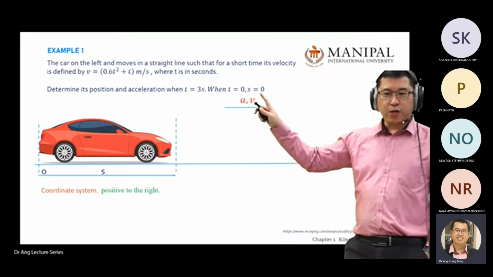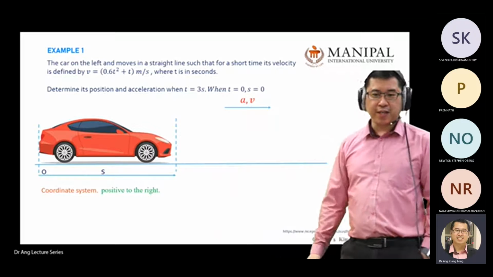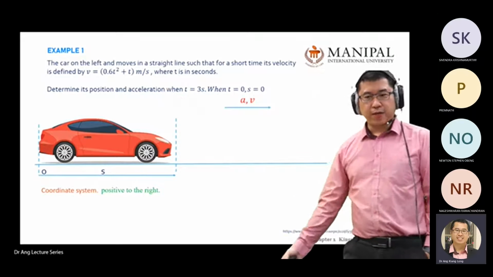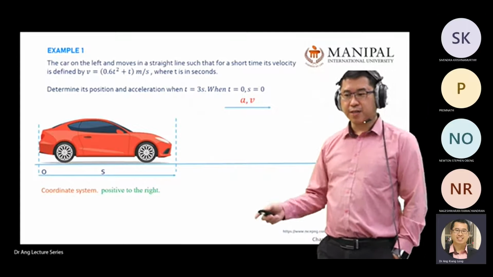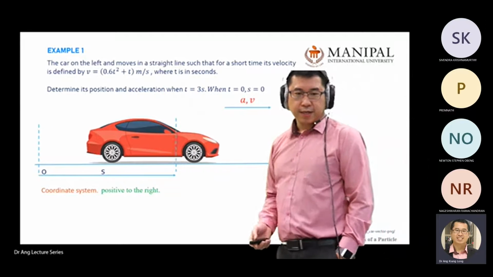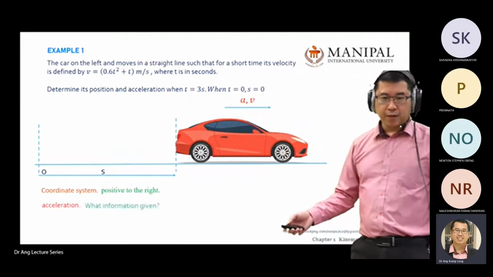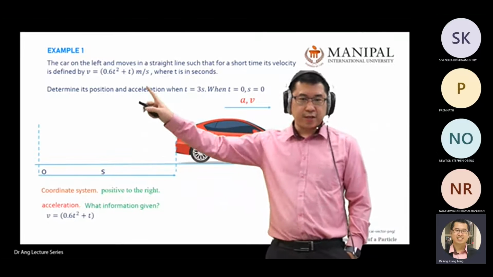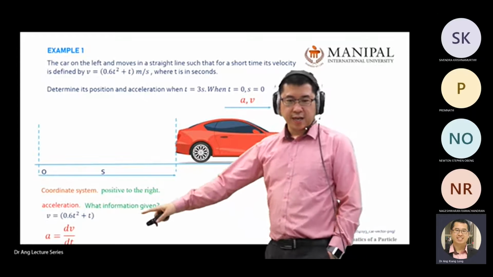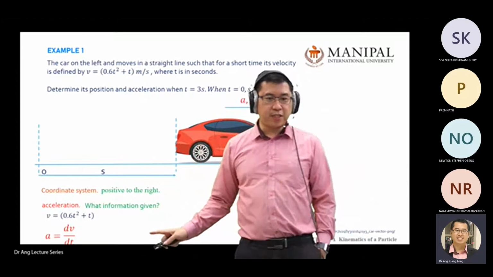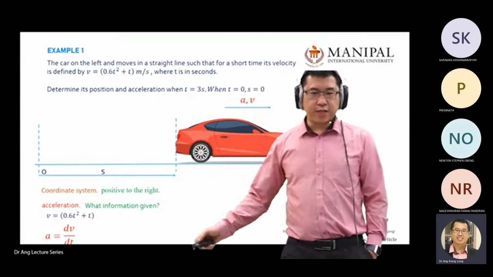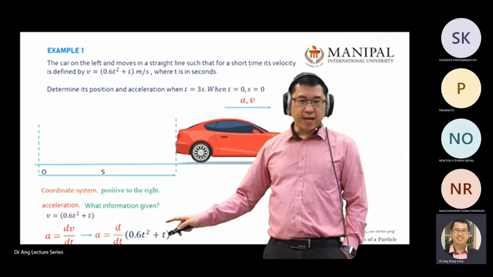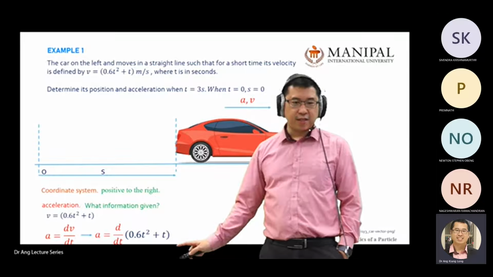However, you look at the question, just now you already solved for velocity, and the question gives you a velocity, so we straight away use the first definition answered by Newton just now. So acceleration, you use the v equation, you find a equal to dv over dt, rearrange the equation, you get a dv dt.